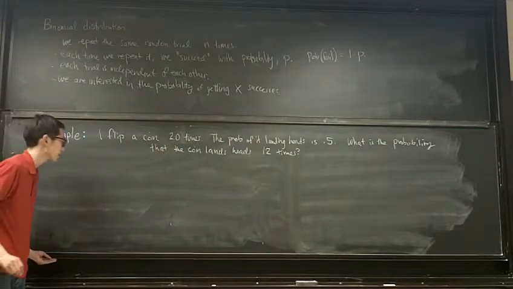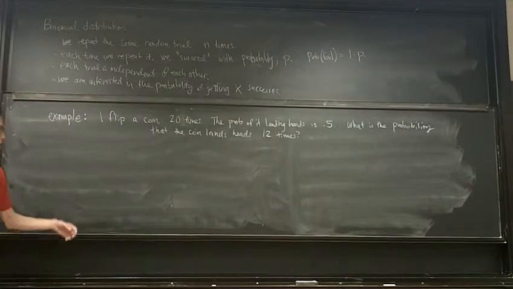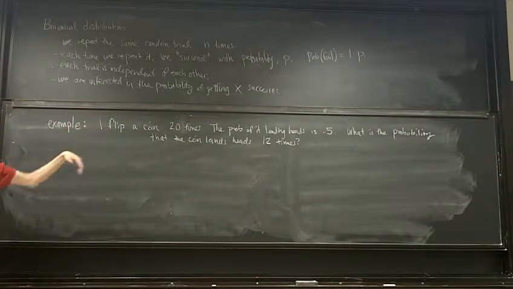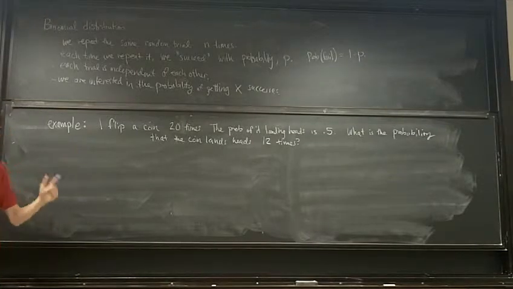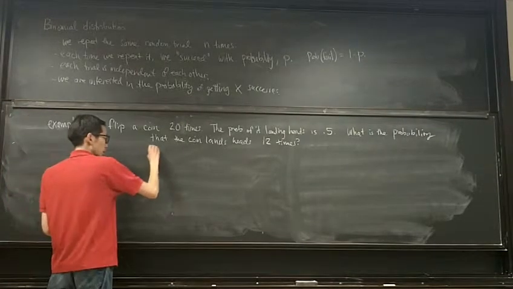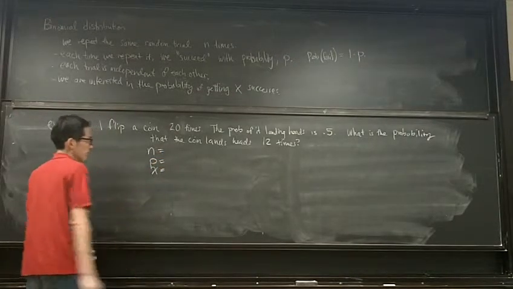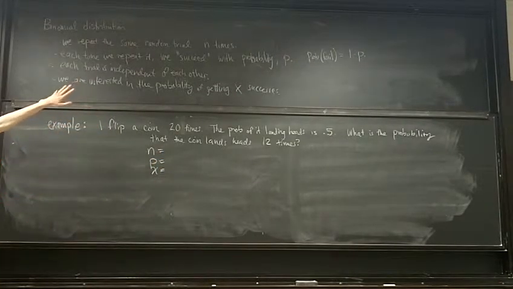It's not 0.5. Okay, and that's one example. All right, and anytime you see an example and it's binomial, you have to be able to identify n, p, and x. N, p, and x. And they're all listed up there.